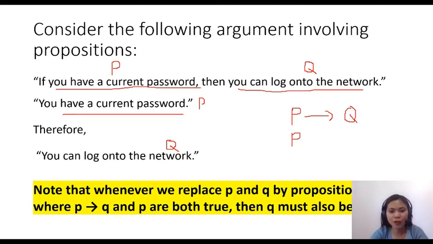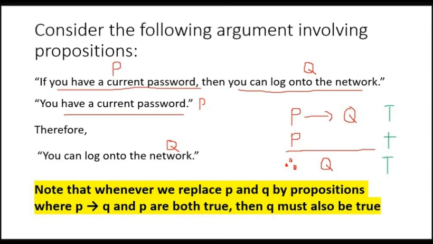And then therefore, so that will be a line. And then dito isusulat nyo yung symbol for therefore. Ang symbol for therefore is like this, a parang triangular period, tatlong period na naka-form into triangle. And then after that, you're going to write here the conclusion, which is here in our argument, Q. Okay.